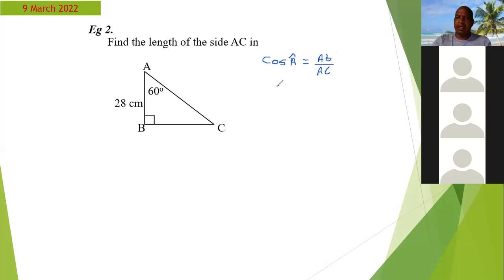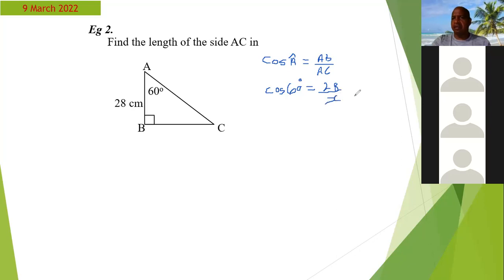All right, next what we'll do. We would replace with the numbers. So cos 60 degrees is equal to 28 over x.